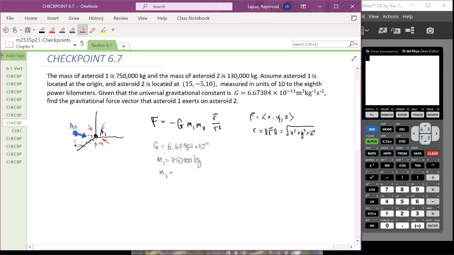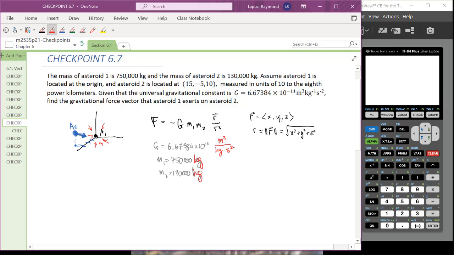M2 is 130,000 kilograms. Well, let's do the units. Let's do the unit analysis first and separately, so that we can just deal with the numbers when we get them down. So the gravitational constant is in cubic meters per kilogram per second squared. And then we have a couple of kilograms for the masses.